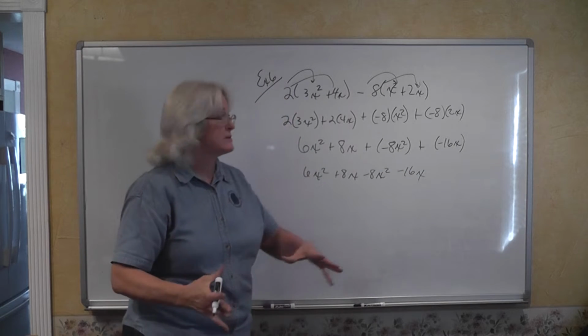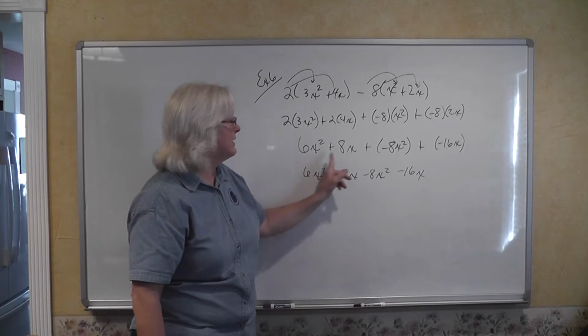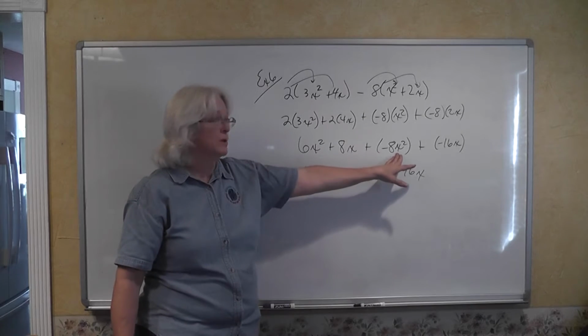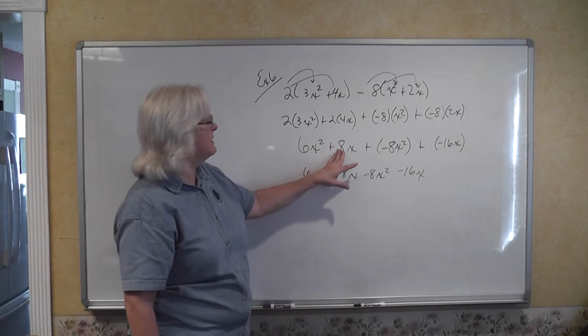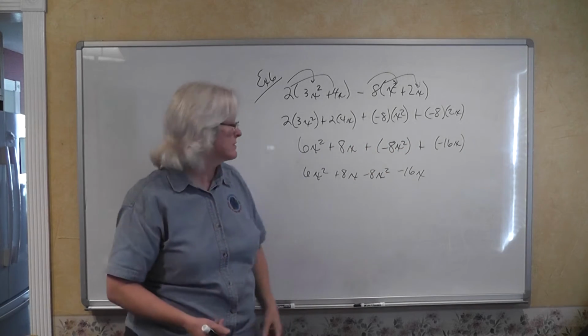Now, you're going to say, Miss Betsy, could we have honestly left it that way and dealt with combining like terms first? Sure. 6x squared plus the negative 8x squared is going to be negative 2x squared. 8x plus the negative 16x is going to be negative 8x.